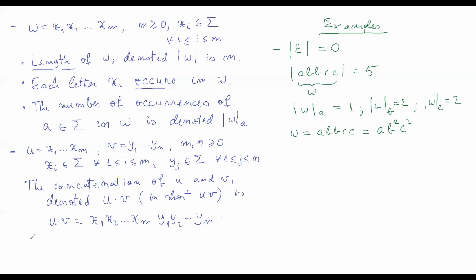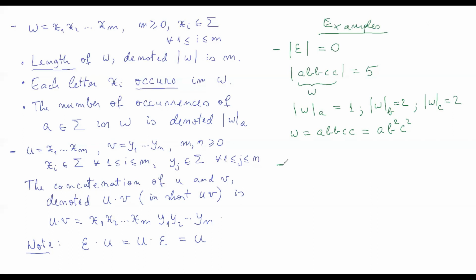And just as an observation, if you are concatenating the empty word with any other word, either on the left or on the right, obviously that's going to leave your word unchanged. So here is one example for this notion.